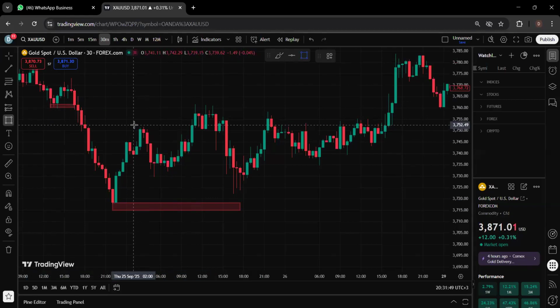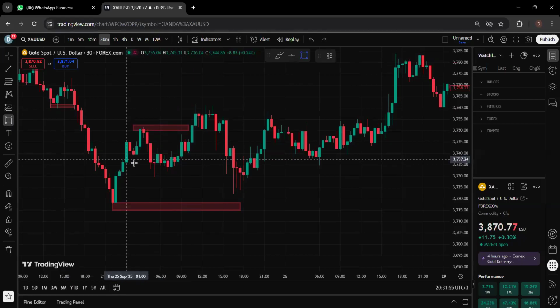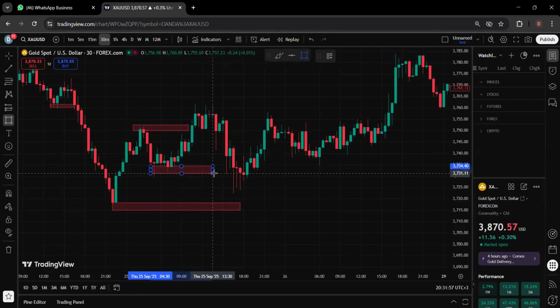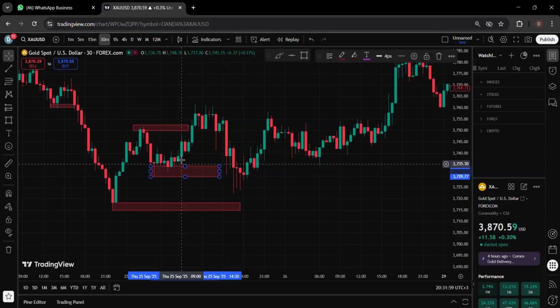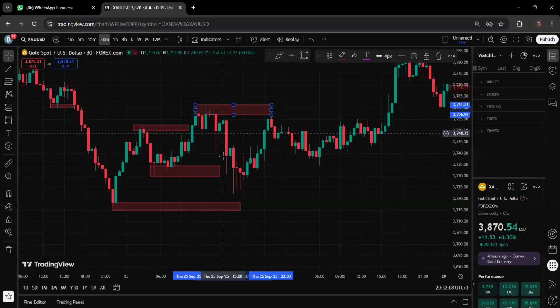It came back in the middle and created another resistance. It came down and created a new support there. Then it pushed up, this resistance was broken and it formed a new resistance here.